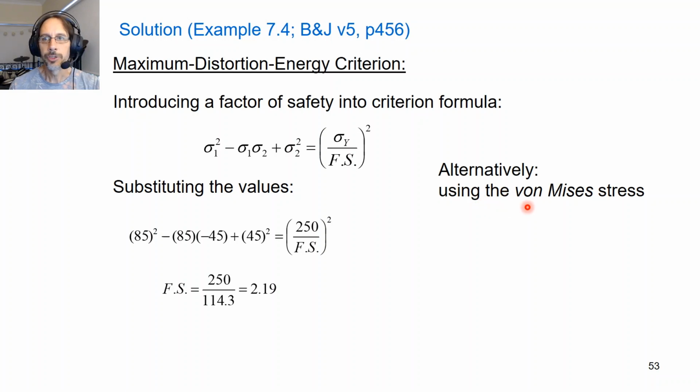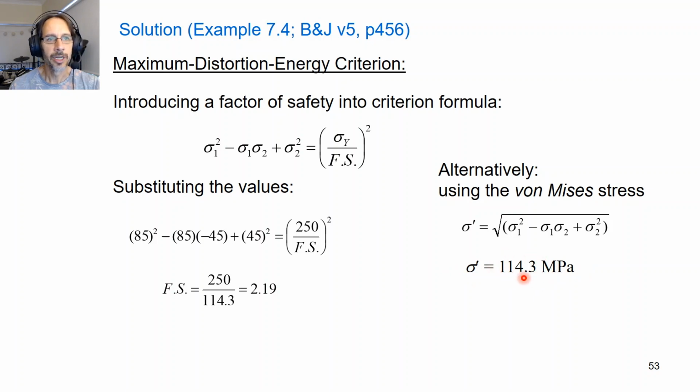Alternatively, if we use the von Mises stress, remember I said this is important to understand if you go to use finite element analysis, because usually the default output is the von Mises stress. So we can calculate that von Mises stress as the square root of the left-hand side of this equality here.